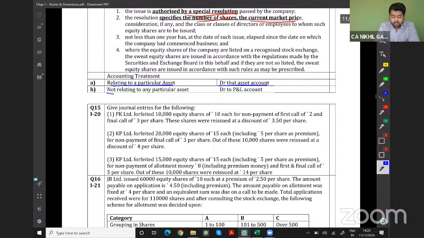If you are not receiving any particular asset, but you are giving shares to employees free of cost or for a very negligible value, the remaining amount should be debited to profit and loss account. So say you are giving a 500 rupees share to Mr. X for only rupees 40, the remaining 460 should be debited to your profit and loss account.